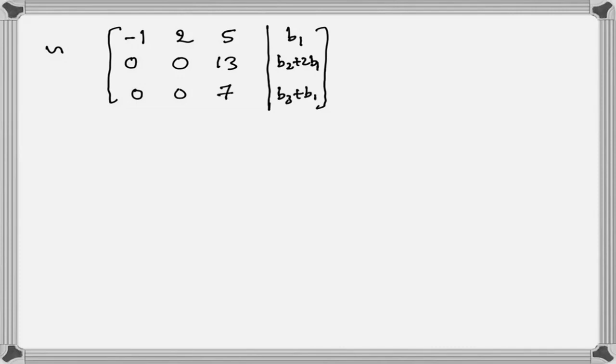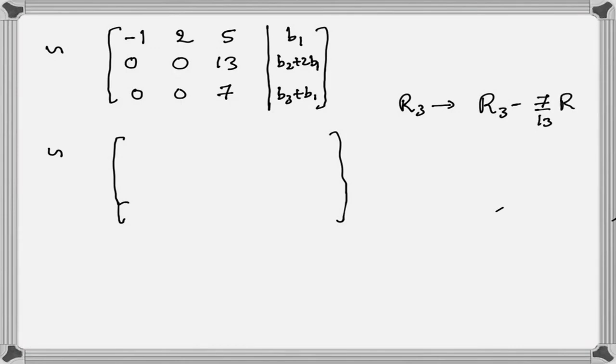Okay, now we need to reduce it further because so far we cannot say anything about the rank of these matrices. So now I will apply r3 goes to r3 minus 7 by 13 r2. So minus 1, 2, 5, b1, then 0, 0, 13, b2 plus 2b1, no change.